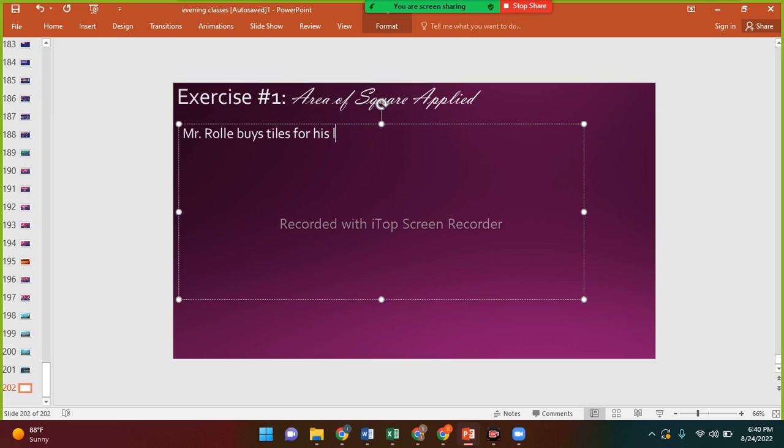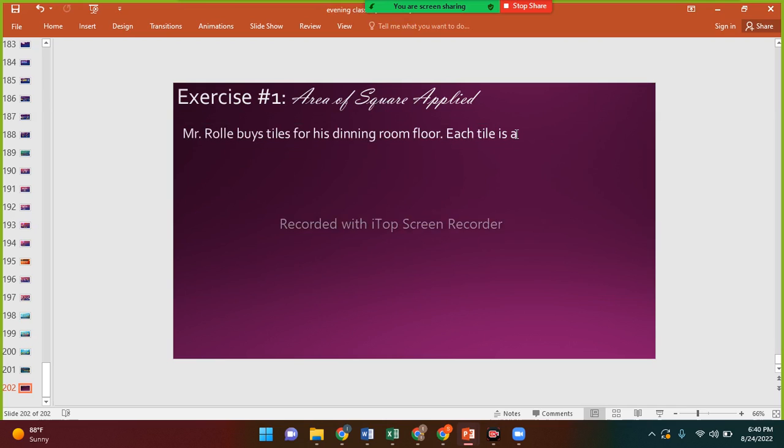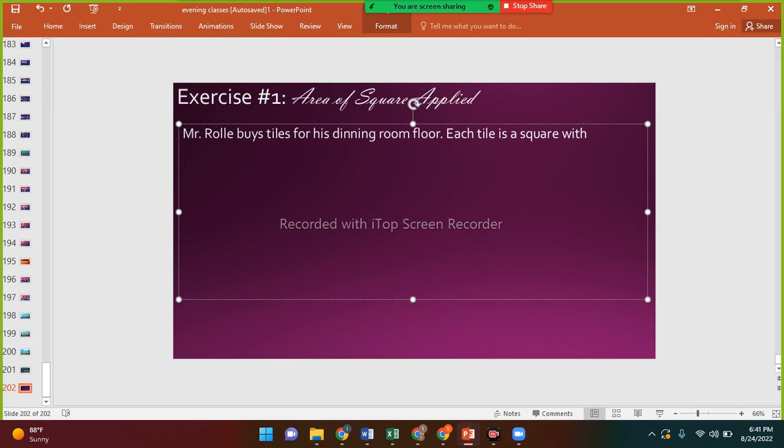Let's say, let's change up, for his dining room floor. Each tile is a square with sides 13 inches.